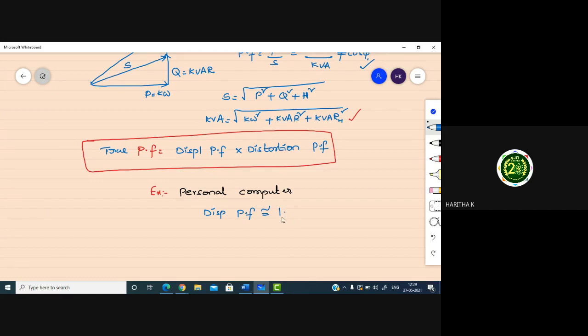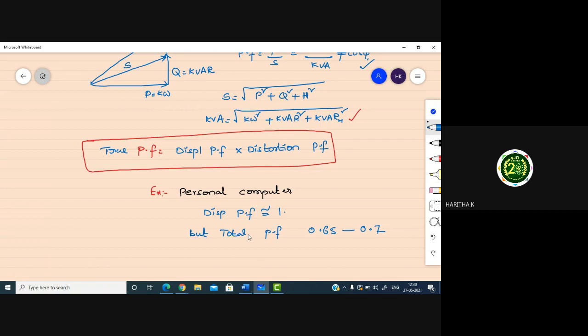Unity is nothing but 1 or nearly equal to unity, but its total power factor, we should not take the displacement power factor only. Why? Because it is a non-linear load. So therefore, the total power factor will be in the range of 0.65 to 0.7 because of this distortion power factor.